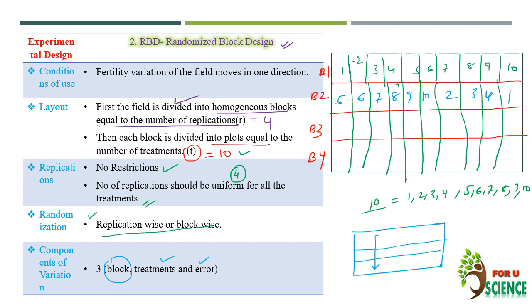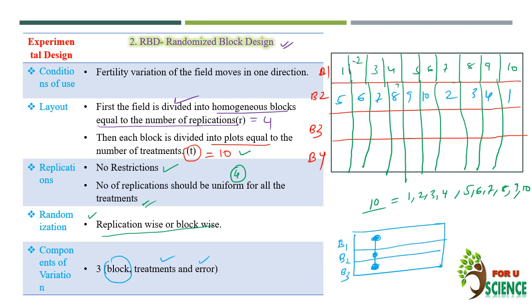We can see in block 1 there is high fertility, in block 3 there is less fertility, and in another there is medium fertility. That means the variation is present between the blocks.